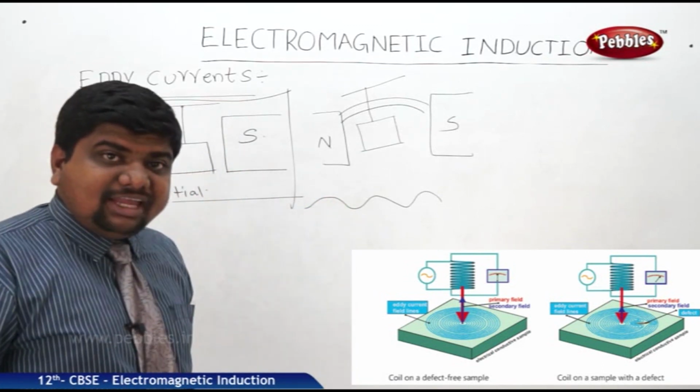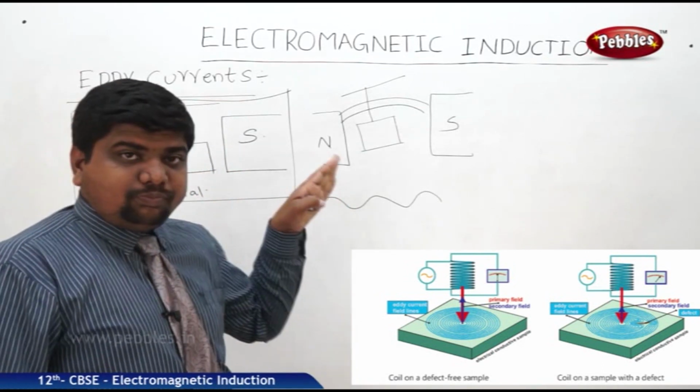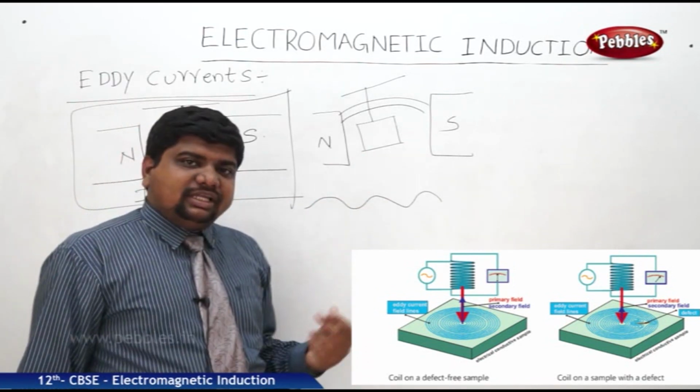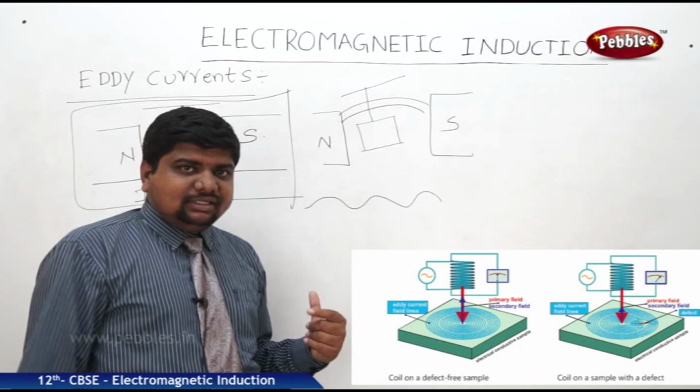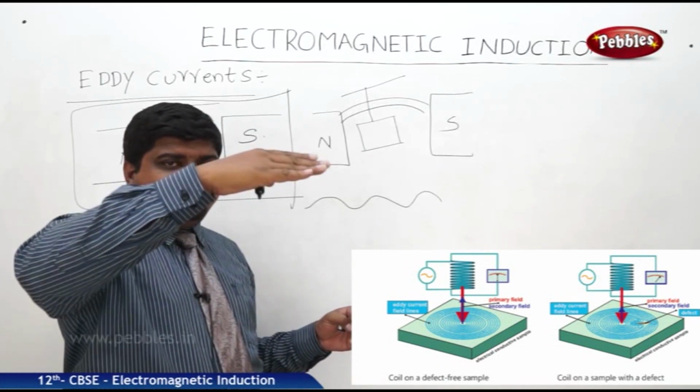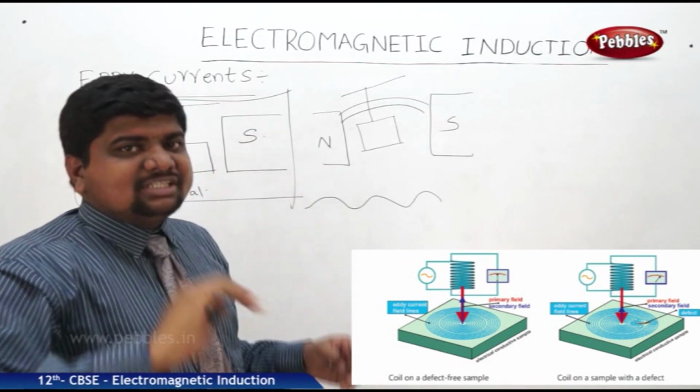like an eddy wave, which is possible in water. When you drop a stone in steady or calm water, the waves will be produced like this. At one point the amplitude is maximum, the very next amplitude is minimum.